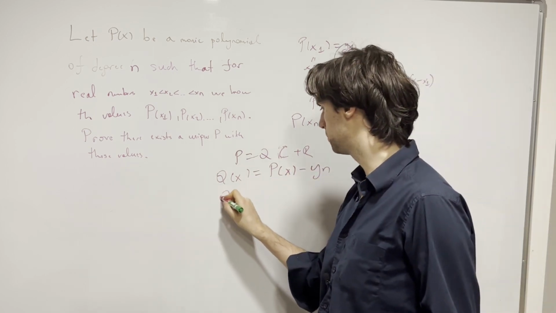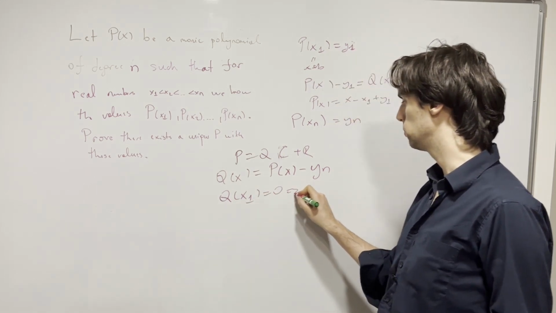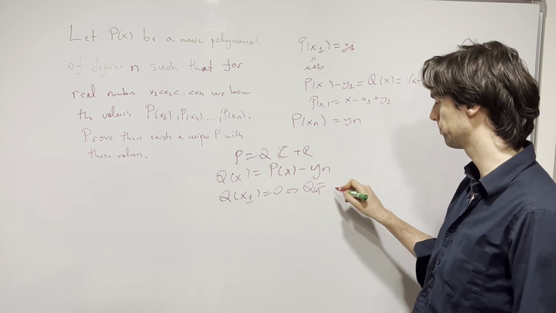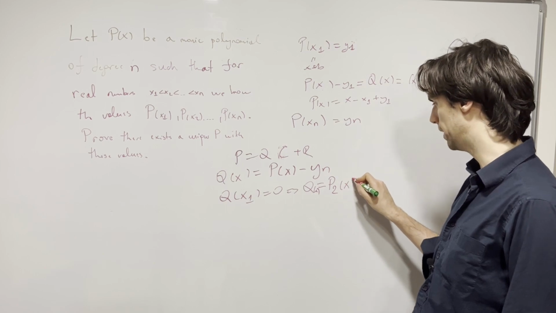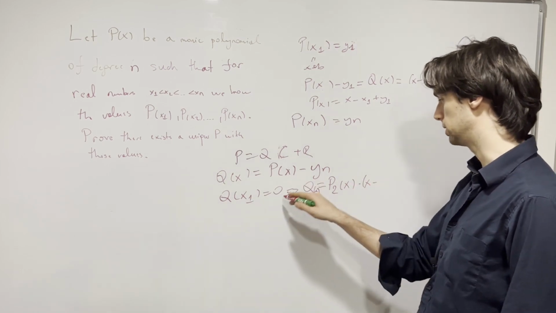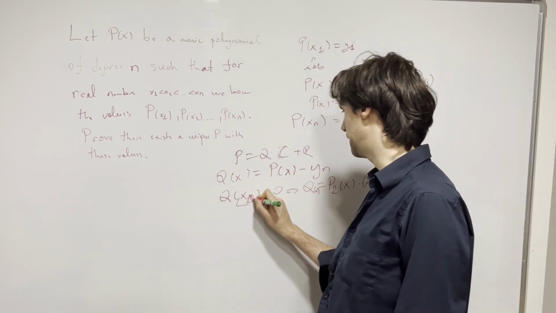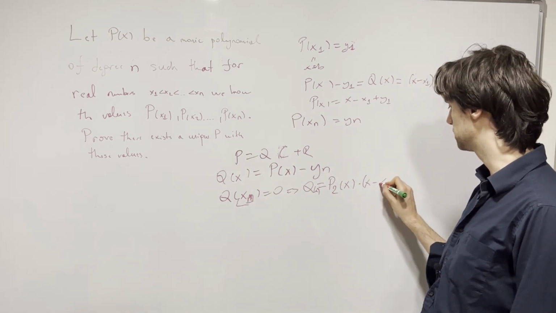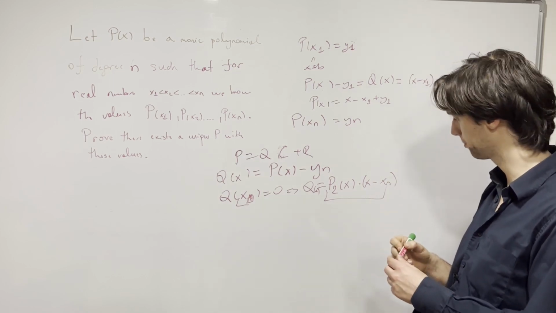So I know q of x1 is 0, which tells me q can be written as p2 of x times x minus, what is the zero? Actually I made a mistake here, the zero is xn. So x minus xn is a zero, so we can write it in this form.